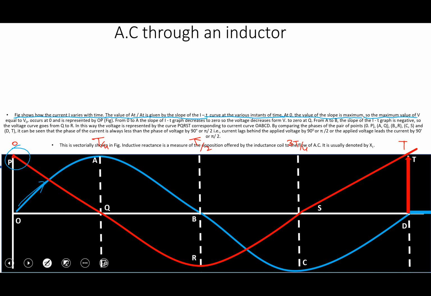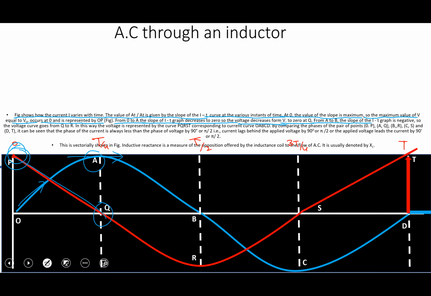So the value of V was equal to V naught, which is maximum, and occurs at O, represented by OP. From O to A, the slope of I decreases to 0, so V also decreases to 0. Over here, V is decreasing to 0 at point Q.